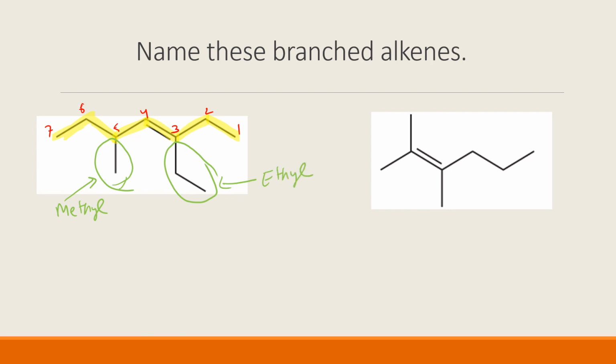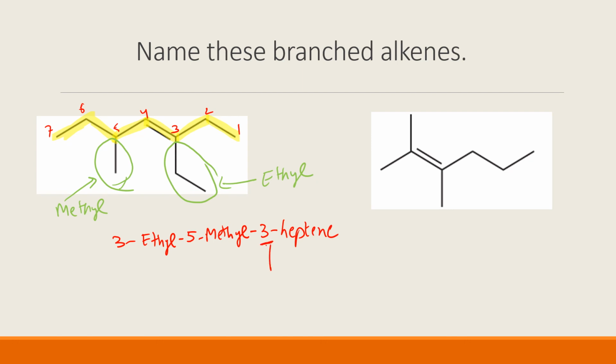So now let's assemble the name together. First we write the substituents in alphabetical order. So ethyl comes first, so it's 3-ethyl-5-methyl-3-heptene.